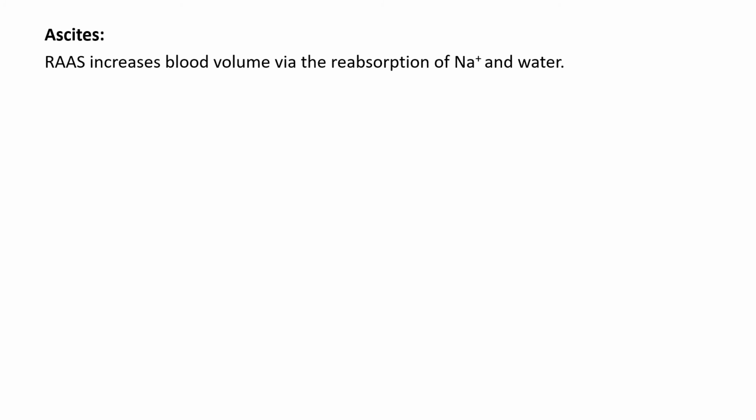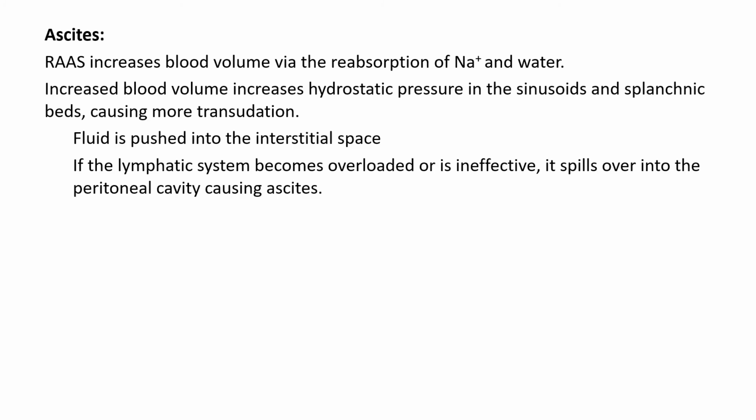This is going to give us an additional problem because the increased blood volume increases the hydrostatic pressure in the sinusoids and also in the splanchnic beds, in the capillary beds of the organs. This increased hydrostatic pressure is going to cause more transudation. Fluid, again, is pushed into the interstitial space.